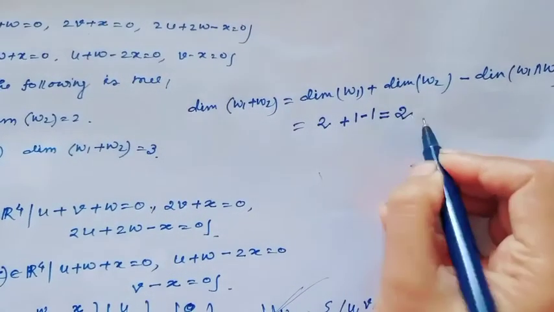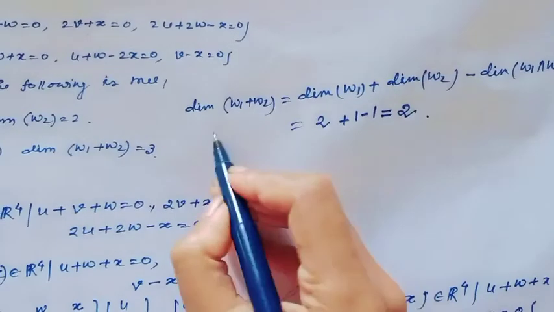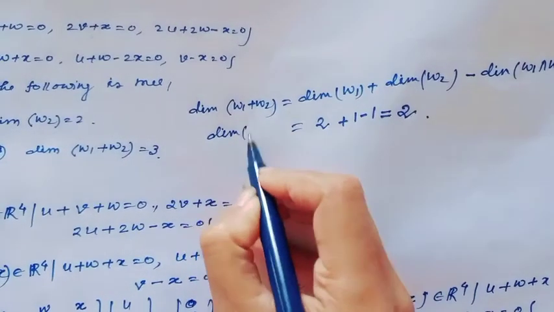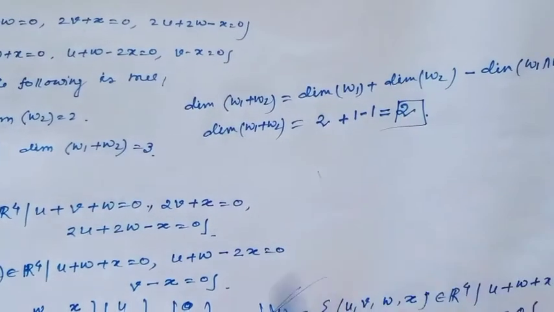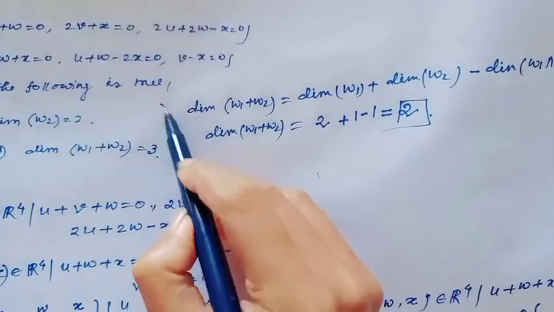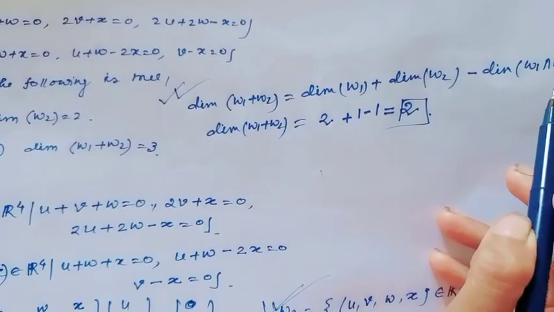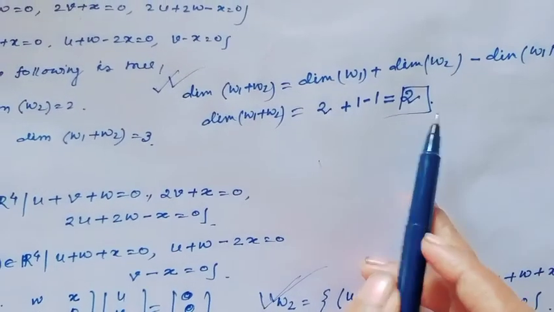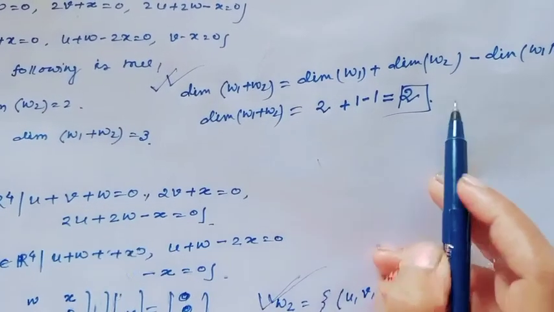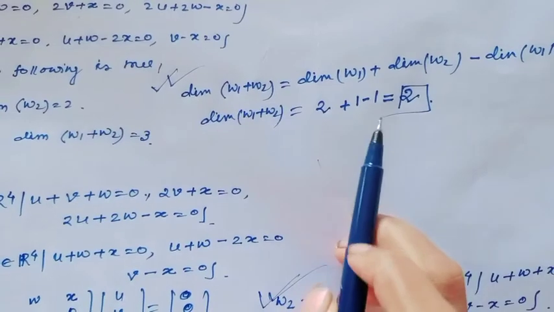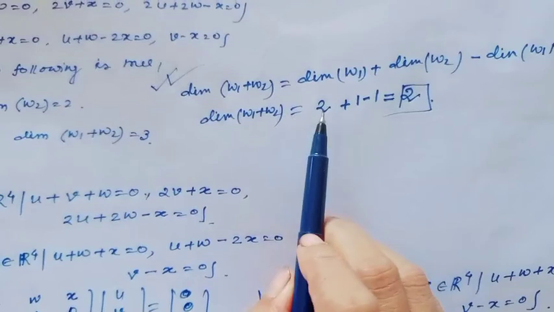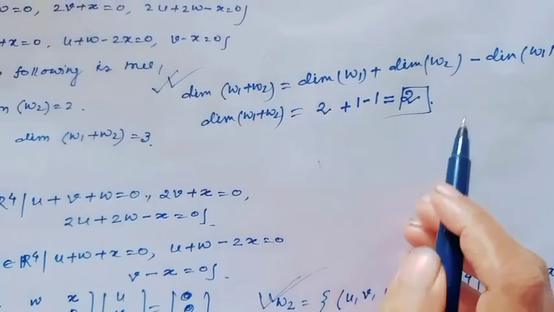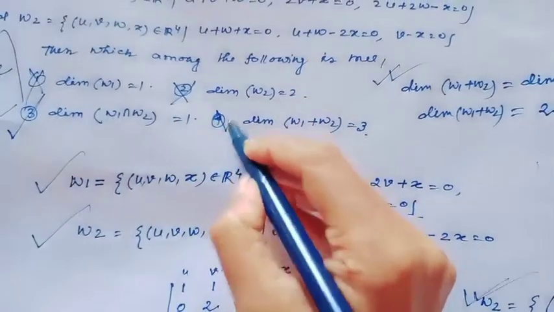That means this value equals 2. So dimension of W1 plus W2 is only 2. Have you understood this theorem? I have told you this theorem is very important. If you know this theorem, then you can verify this option. But if you don't know it, you cannot tell the dimension of W1 plus W2. That means option 4 is also a wrong option.